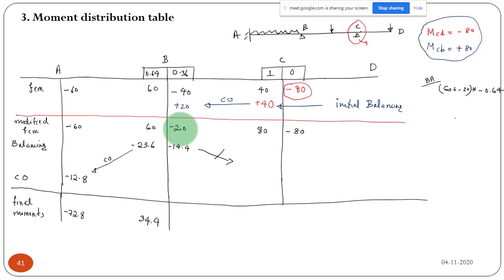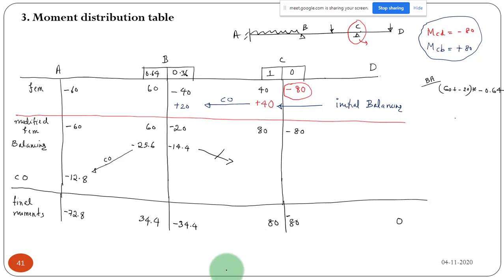Here minus 20 minus 34.4, so you take the sum of these two values, you will get minus 34.4. Here it is already there, 80, it is minus 80. And this is joint D, it is a free joint, so this moment will be 0, free end, the moment value will be 0.